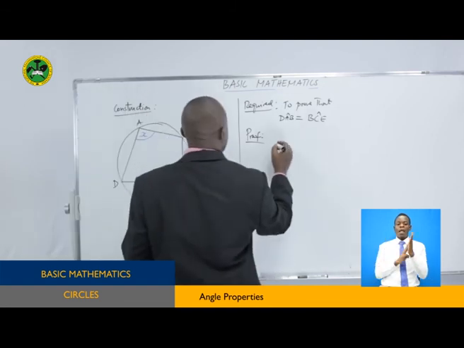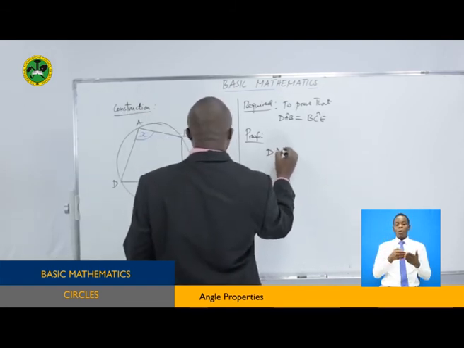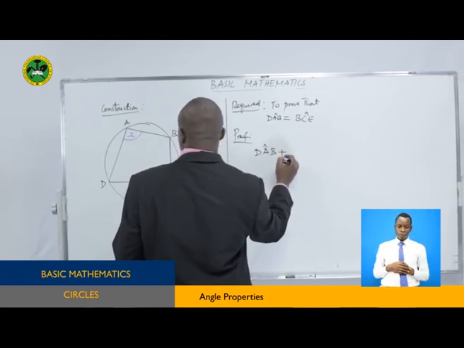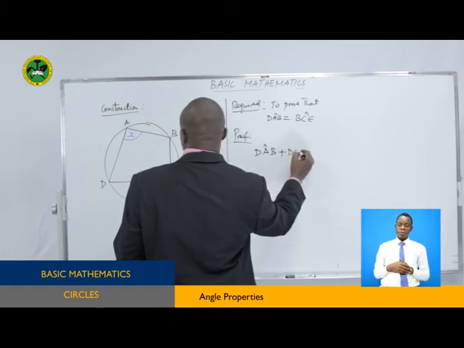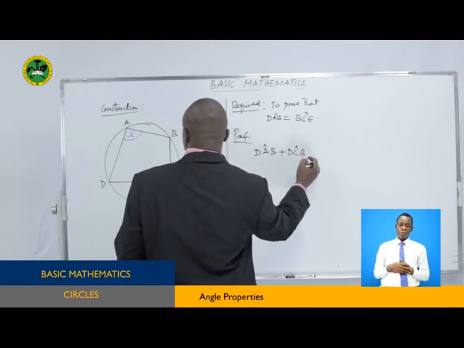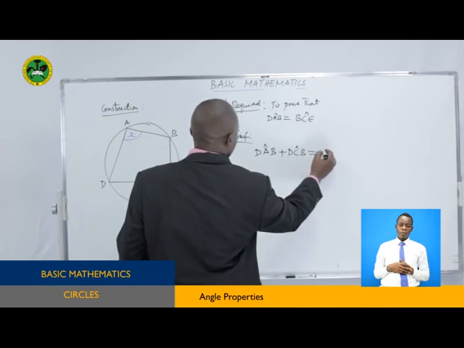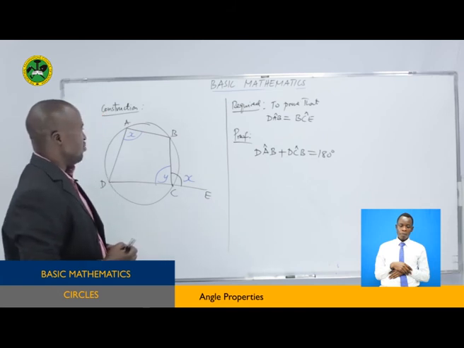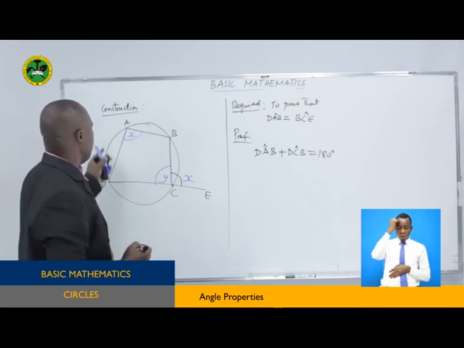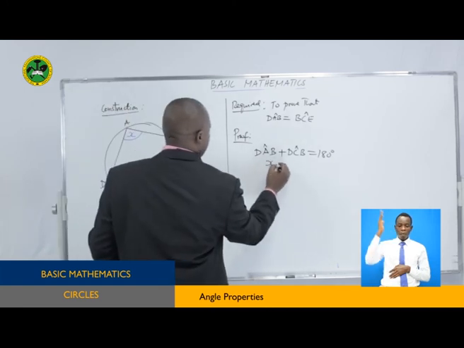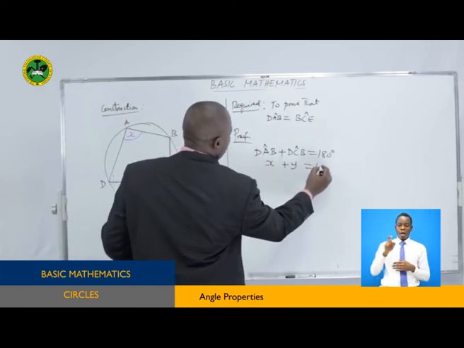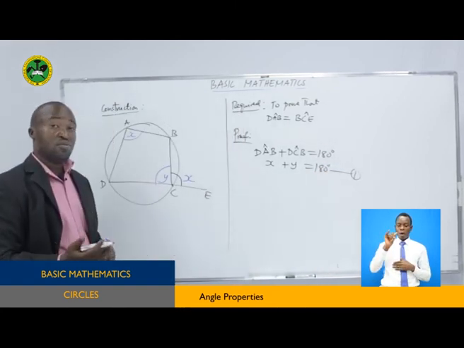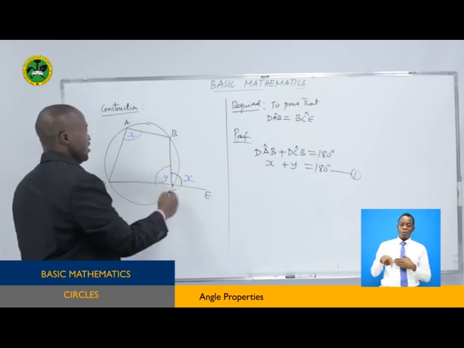So here we say DAB plus DCB is equal to 180 degrees. But remember DAB is equal to x, and DCB is y, so x plus y is equal to 180 degrees. That is equation 1.